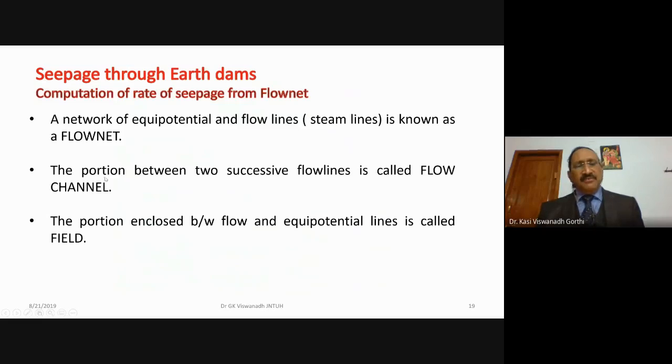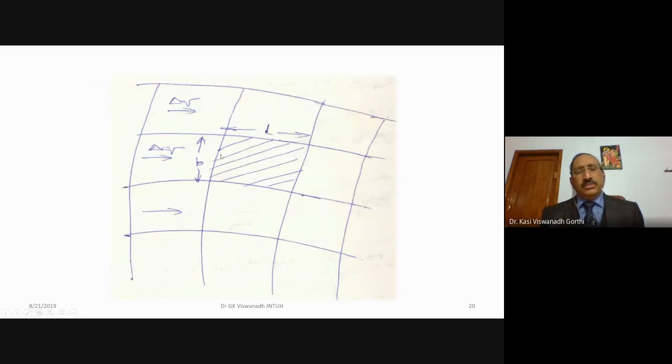Two things are defined here: what is a channel and what is a field. The portion between two successive streamlines is called a flow channel. This is one streamline, this is another streamline, and the flow taking place between these two streamlines is called the flow channel. You have one more streamline here, one more channel.